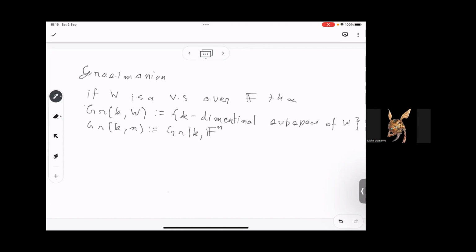Recall that this F could be either real or complex. So we're doing it in such generality.